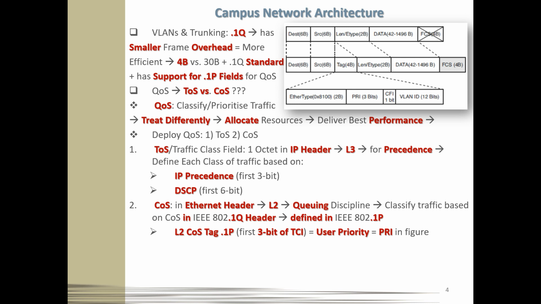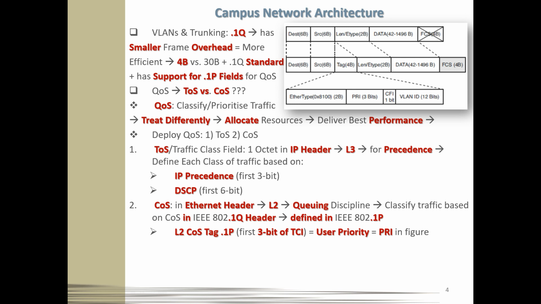The tag protocol identifier, here in this case EtherType, hexadecimal value 8100 in 2 bytes, is here in order to tell us in a 16-bit field that the frame is an IEEE 802.1q tagged frame.